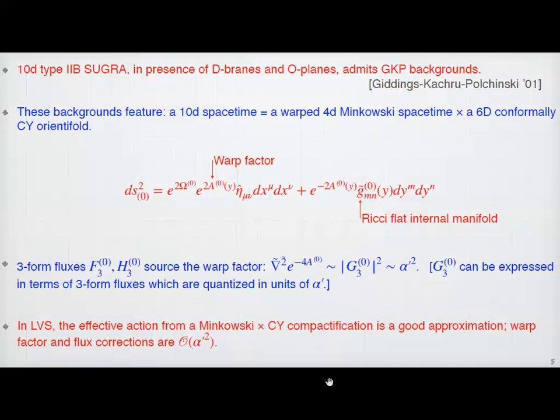In the large volume limit, like what people basically do for phenomenology, the effective action of the warped compactification becomes a direct product compactification in the large volume scenario.